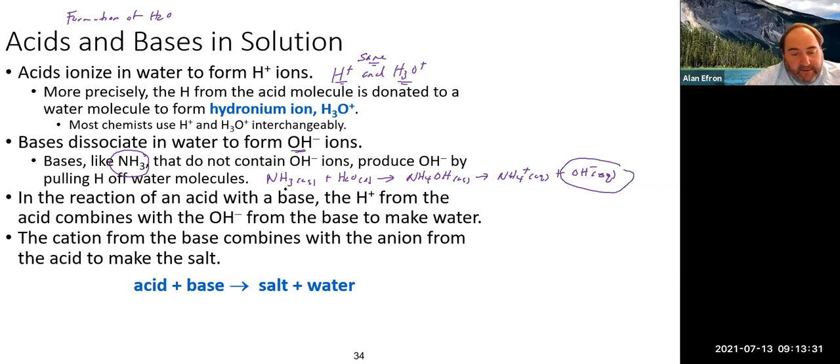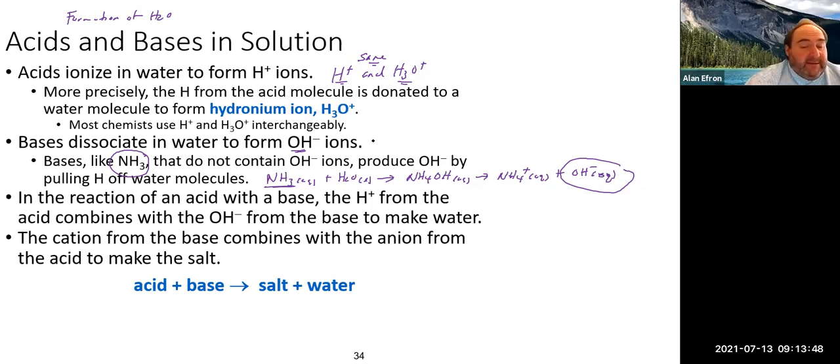Although ammonia does not have hydroxide in it, when it goes for a swim in water, it's able to produce hydroxide, which is why it's considered a base.